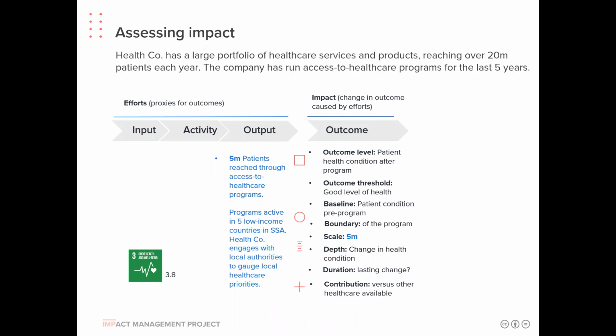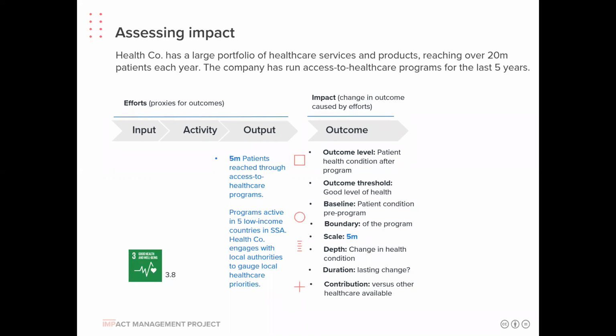So when thinking about this company's access to healthcare program, it's worth taking a moment to consider what that ideal set of information would be to understand the program's effectiveness. Now, ideally, we'd want to know the patient's level of health after receiving treatment, the outcome level. We'd want to compare that against the level of outcome that is good enough to know if a positive outcome has been achieved.